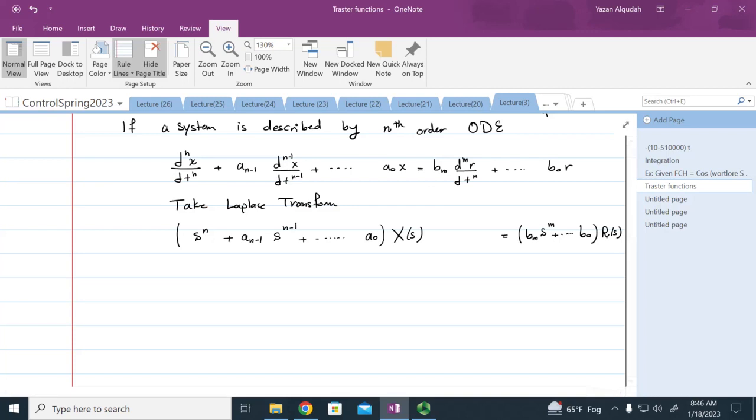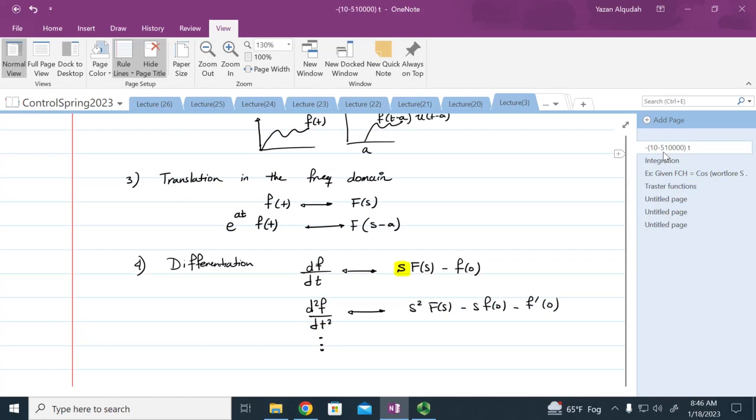Anybody not happy with this? Anybody happy with this? What are we missing here? There's a blank spot. Why do we have that blank spot? Because we have terms that we skipped. If you look at when we take the transform, there is f of 0, s f of 0, f prime of 0.